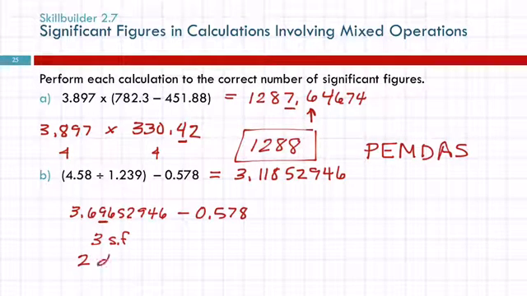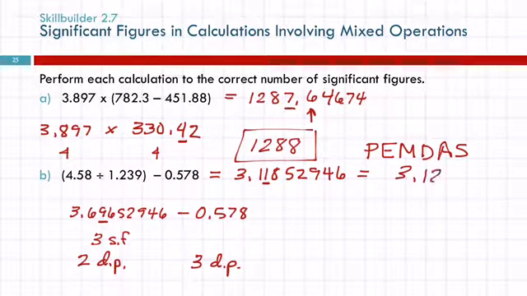So that one's got 2 decimal places. And how many decimal places does this one have? 3. 2 decimal places, 3 decimal places. So my answer should have how many? 2 decimal places. So that'll be the second one. Bless you. And so that's 3.12. Any questions?